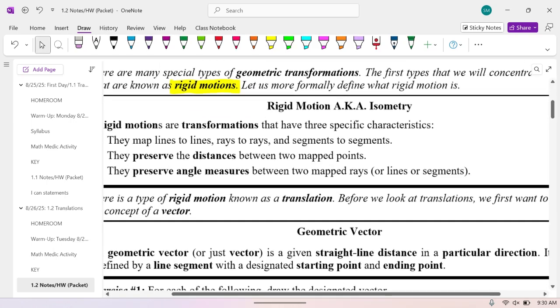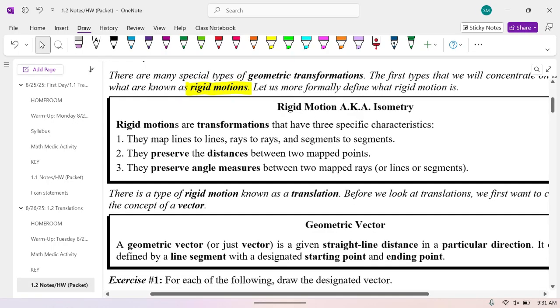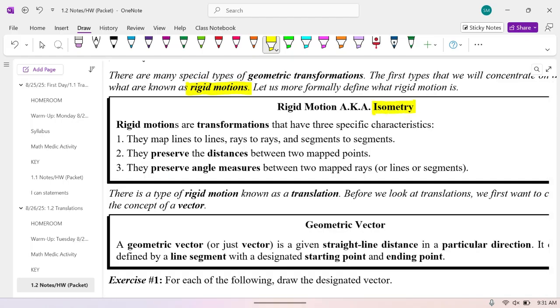Another name for rigid motion, which you may hear every once in a while, is isometry. All that means is that they map lines to lines, rays to rays, segments to segments, meaning everything's the same length, the same size, same angle. Length, shape, and angle, all the same.